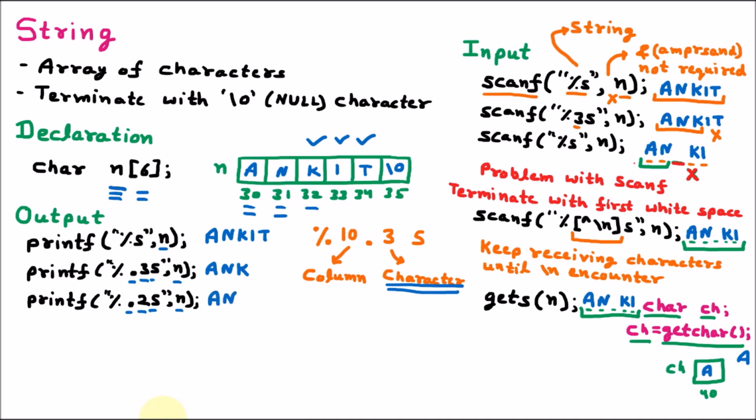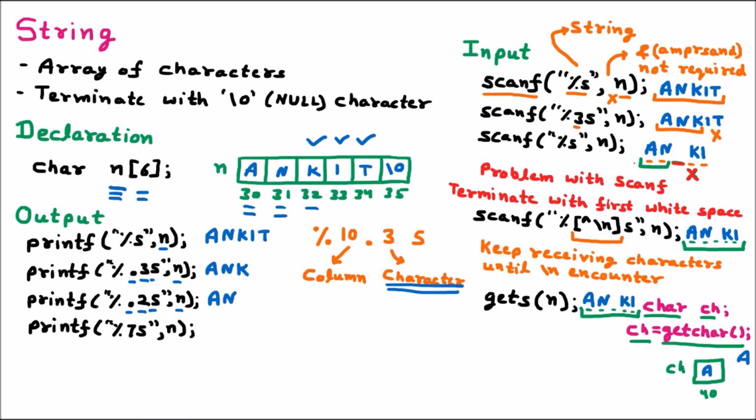Now let us assume that I am taking the column here. First of all I write printf, then bracket start, then percentage. Now here I am providing the column, let's say 7. I am not providing a dot and I am not providing the number of characters. Afterward s, then double quote close, comma, n, then bracket close, semicolon.